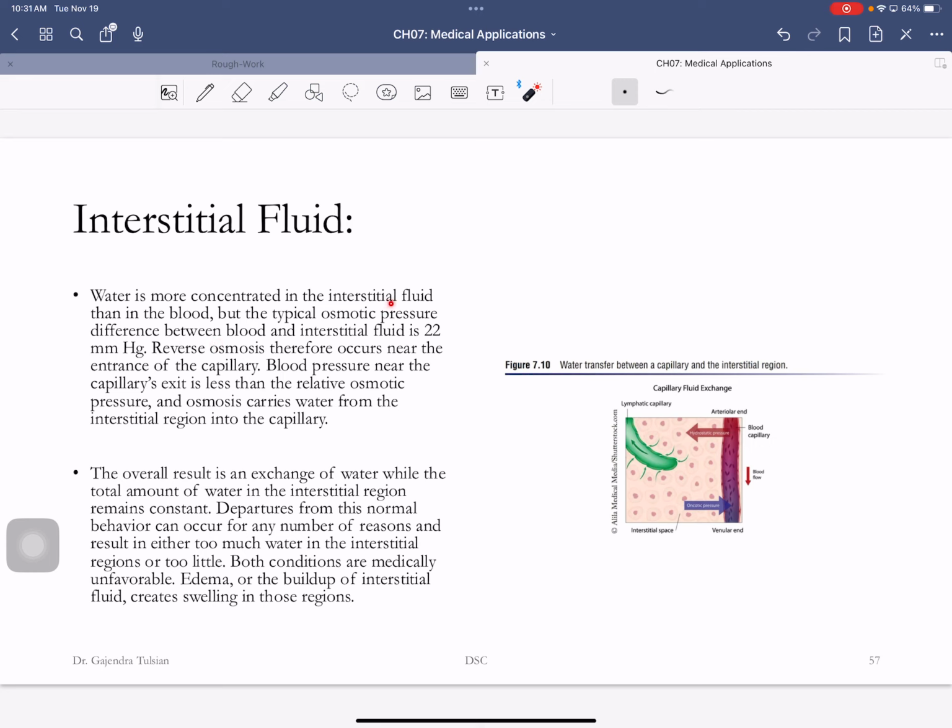Water is more concentrated in the interstitial fluid than in the blood. The typical osmotic pressure difference between the blood and the interstitial fluid is 22 millimeters of mercury, in this direction.